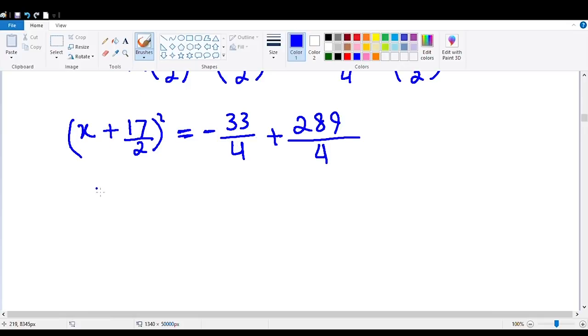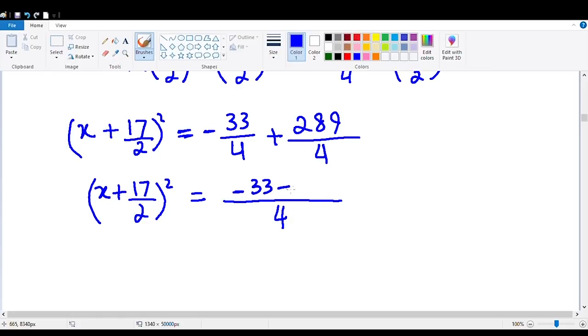So we'll have (x plus 17/2) whole square equals, 4 is the denominator, so since it's common to both we can just write it once, we can just write 4, and minus 33 plus 289.